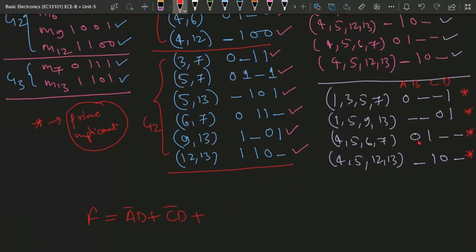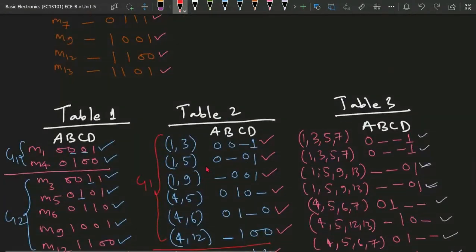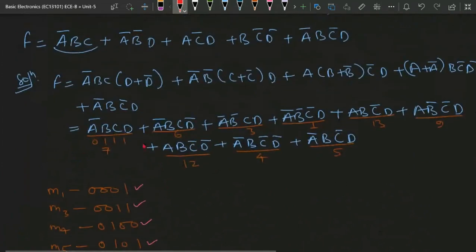So 4 5 6 7 is 0 1 dash dash. Dash dash means C and D have been minimized. So it will be A bar B. From here we can depict it as B C bar. So this is the reduced expression of the terms available in the min term expression for the function f.